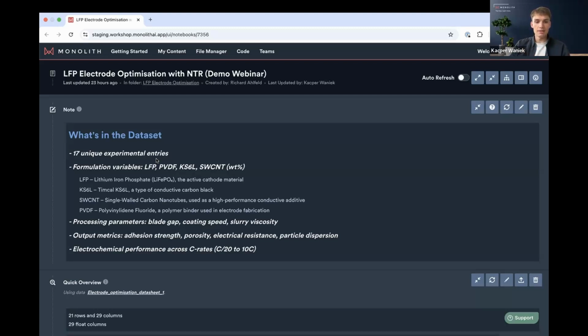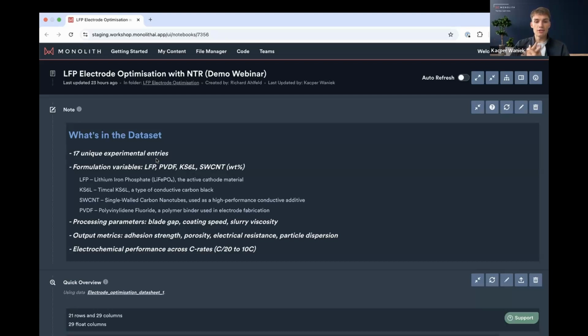And last but not least, we have the PVDF, which is a polymer binder that helps maintain the structural integrity of the electrode. In terms of processing parameters, we've captured the blade gap, the coating speed, and then the slurry viscosity. And all of these influence the electrode's final structure and manufacturability.